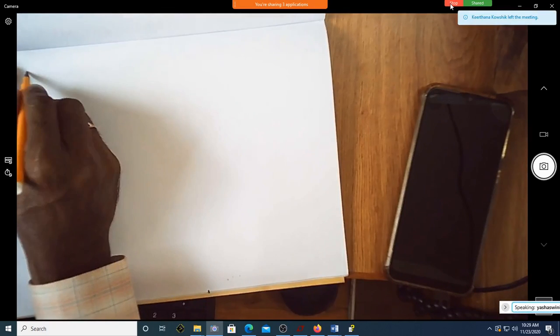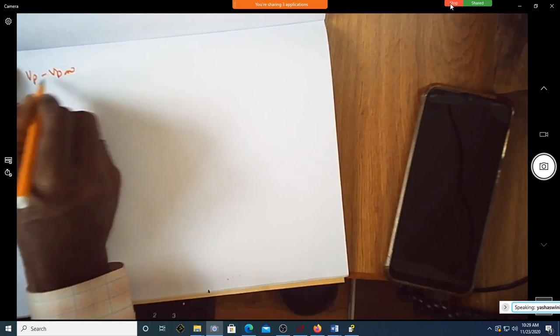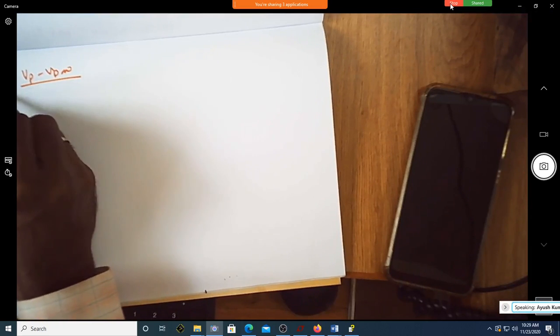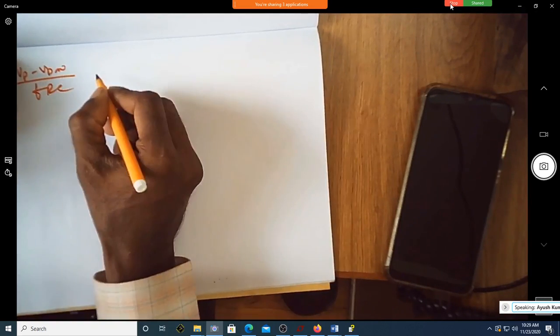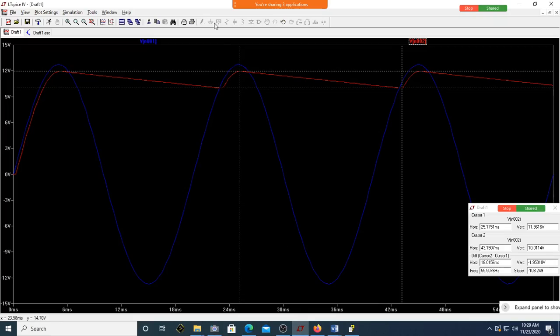It is (Vp minus Vd on) divided by f R C. How much is Vp minus Vd on here? It is 11.96. Divided by f, which is 50, into R, which is 1K. How much is C? 100 micro.